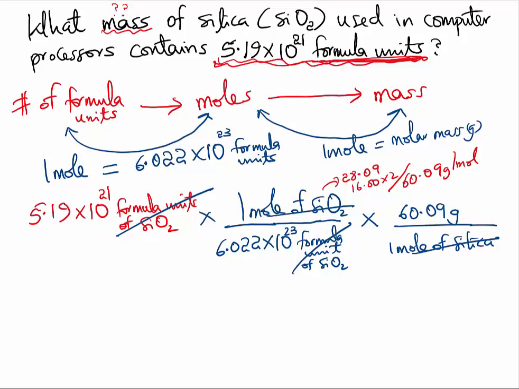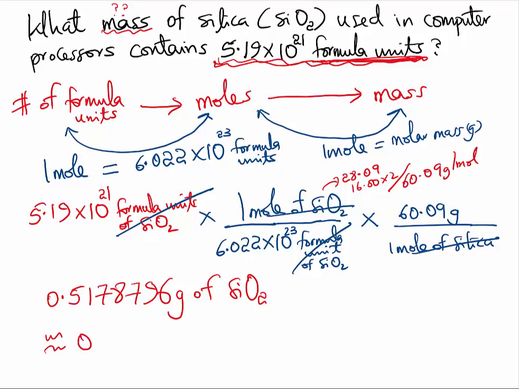You should get 0.517876 grams of SiO2, which if you round to 3 significant figures based on the measurement given to you should be 0.518 grams of SiO2.